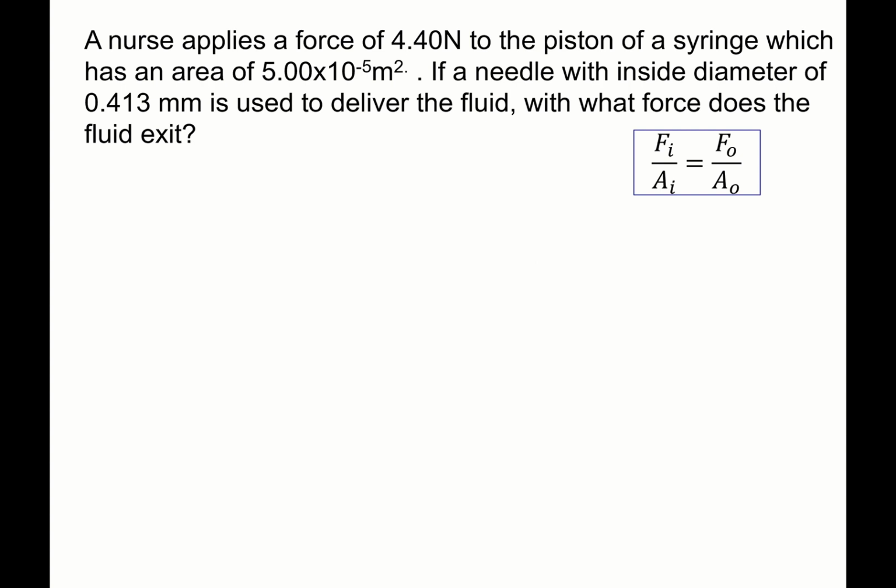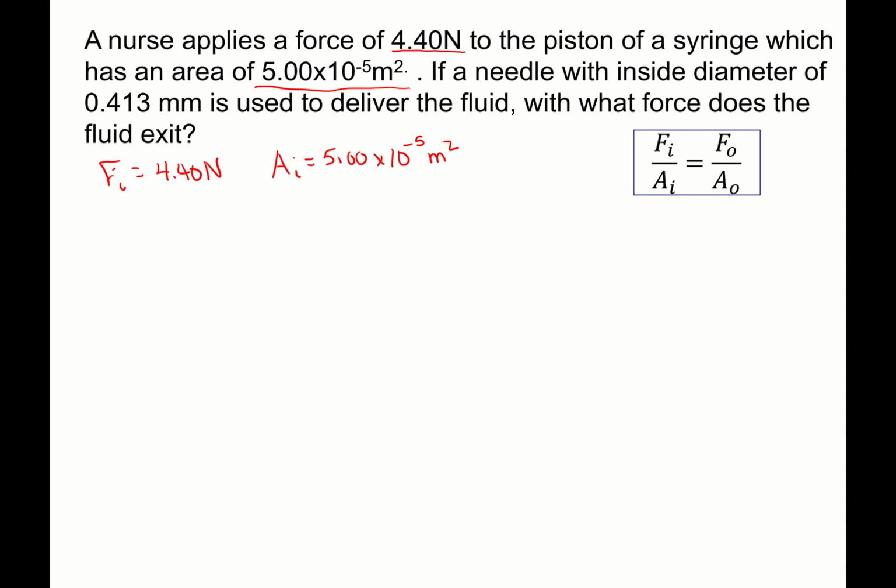So if I read this problem, a nurse applies a force of 4.40 newtons to the piston of a syringe, which has an area of 5.00 times 10 to the minus 5 meters squared. So that gives me the force on the input and the area on the input. So I know everything there on the left-hand side of the equation.